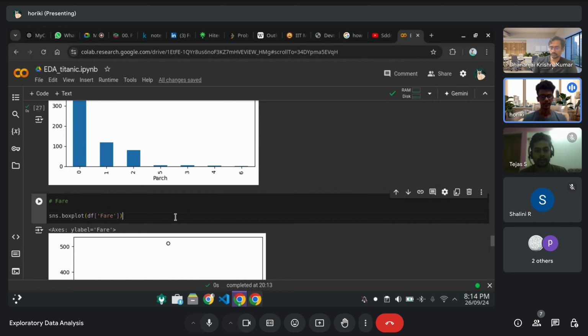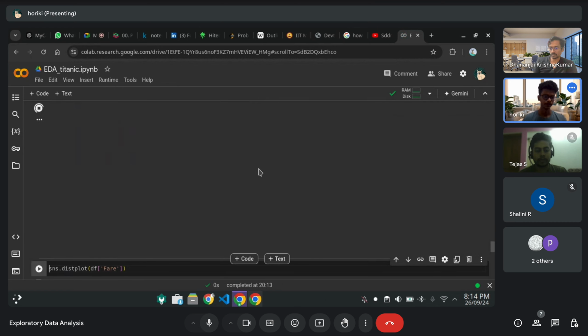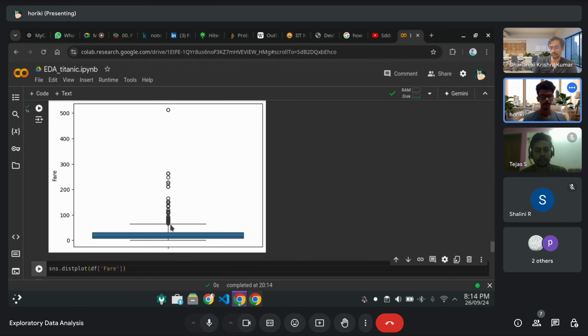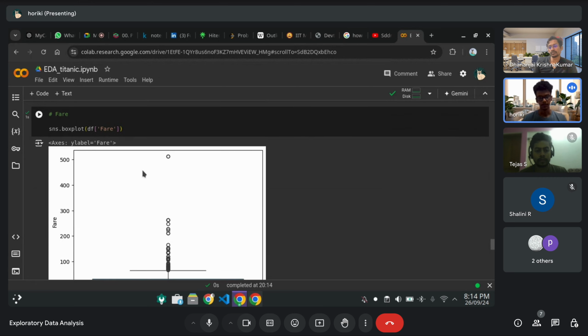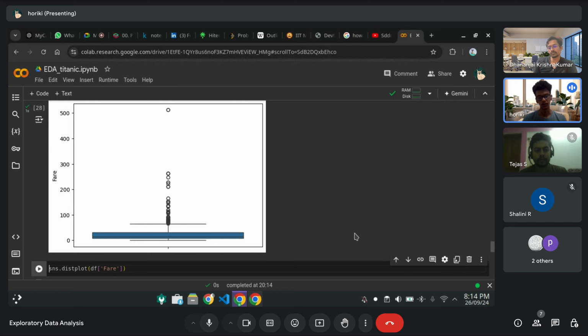And if you look at the fare, most people paid between 100 and 150 something. But as you can see, there are a lot of outliers from about 100 to 500. This is a major outlier here: someone actually paid more than $500 to get in.